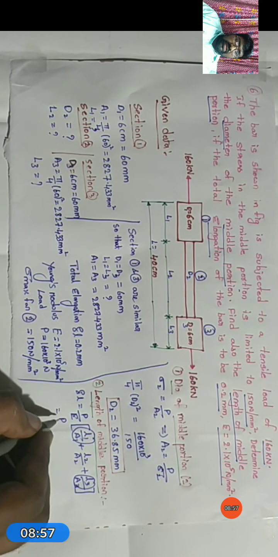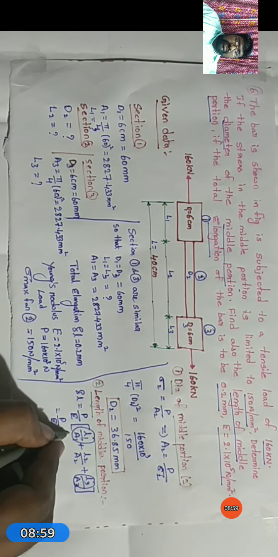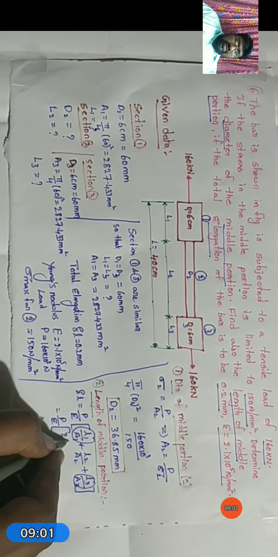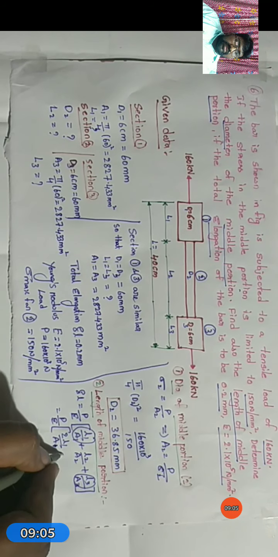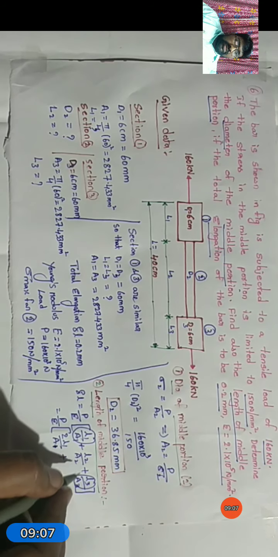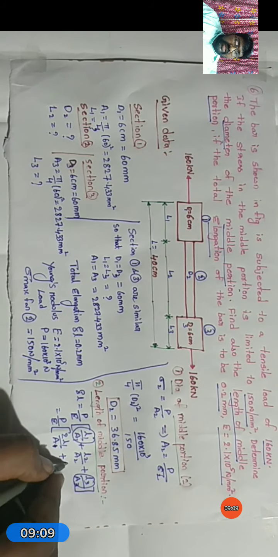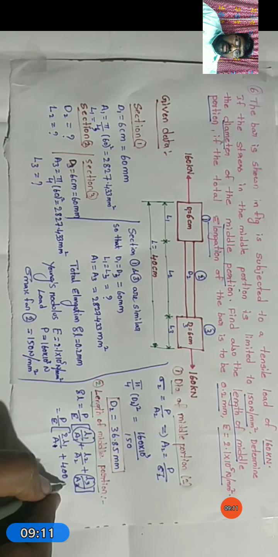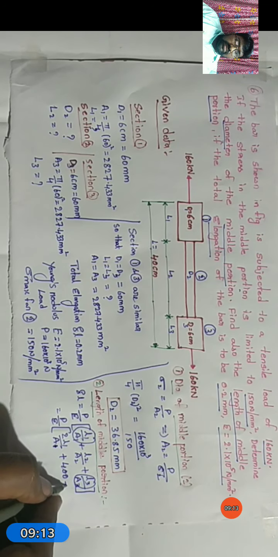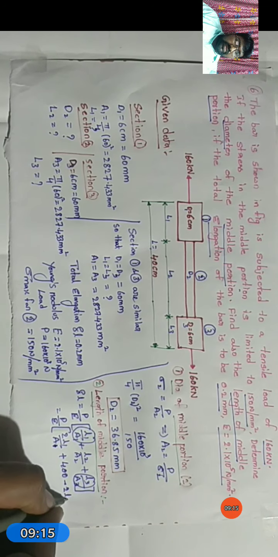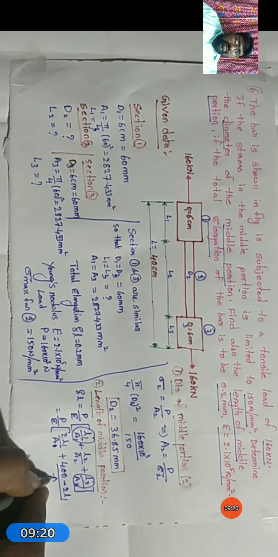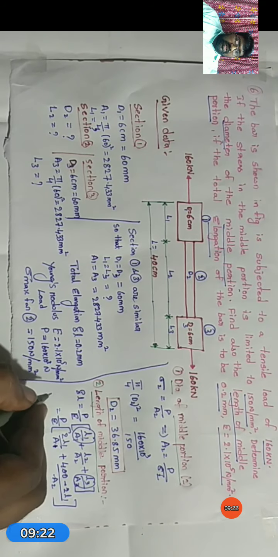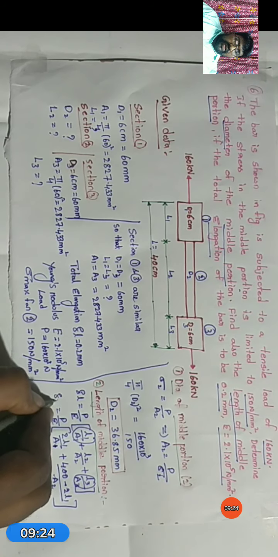2L1 by A1 and L2 by A2, here L2 is written as 400 minus 2L1. Substitute all the values.